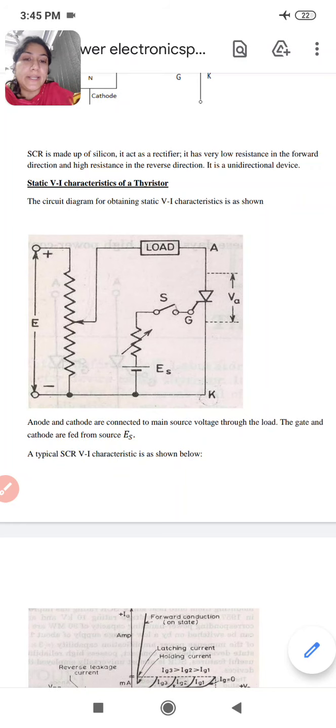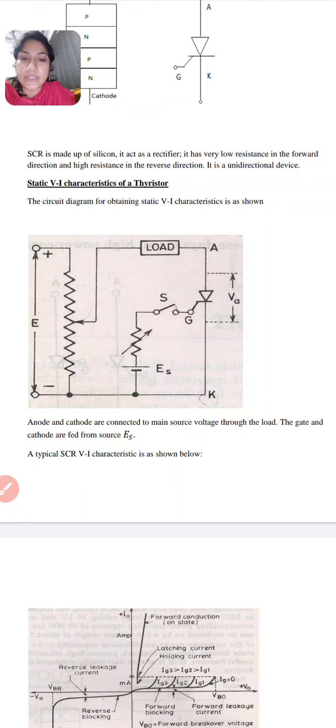Its gate terminal is connected to a DC voltage source ES, with a variable resistor and a switch. This is for controlling the gate. With the help of the gate, the SCR will be turned on. So it is a kind of control diode.